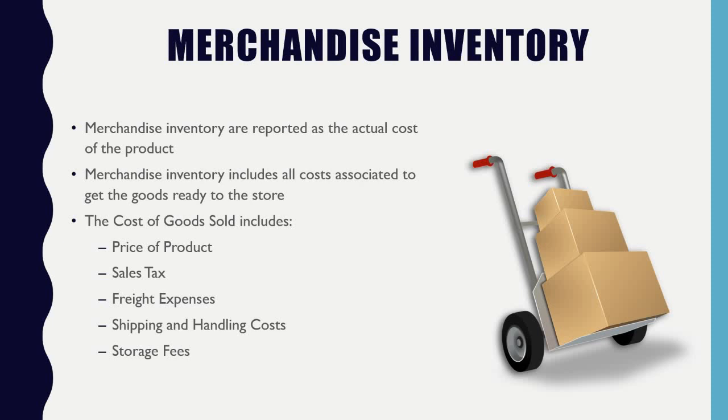What are all of those costs that could be included in the price of purchasing inventory? Well, the very first one is obviously the price that you purchased the product at.